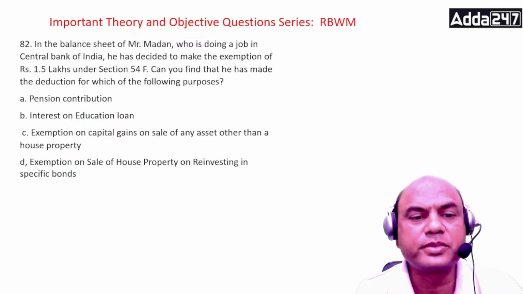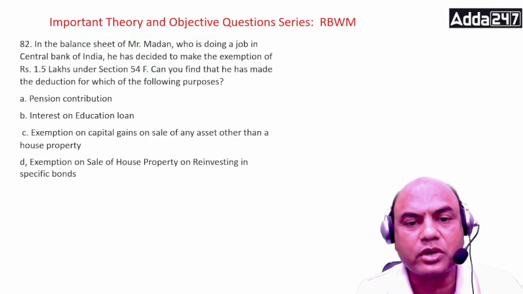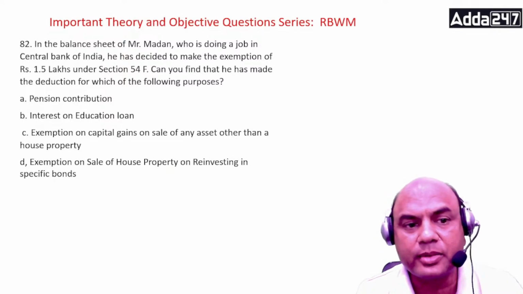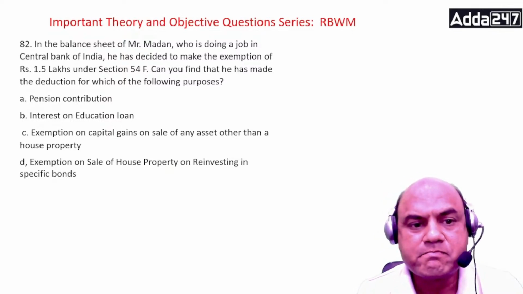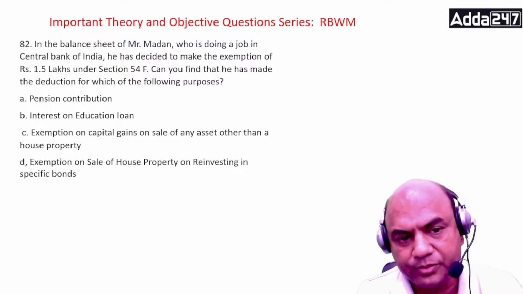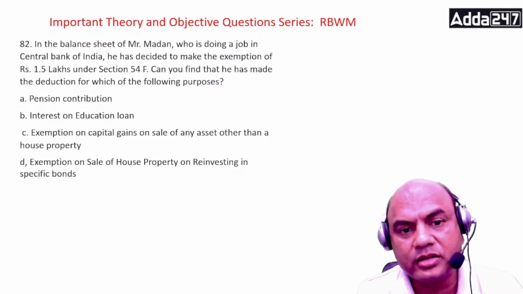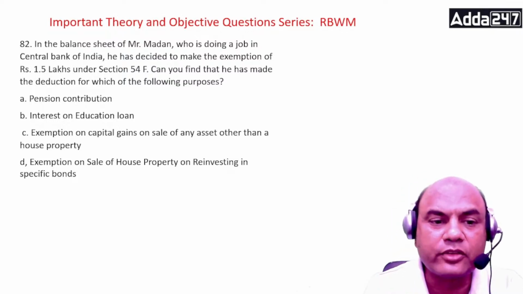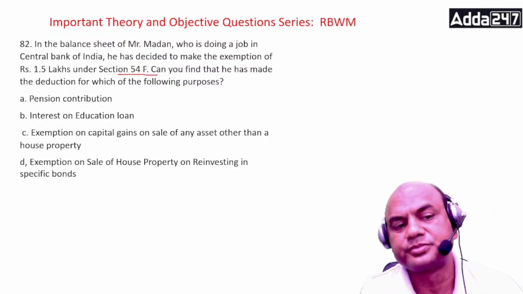In the balance sheet of Mr. Madan, who is doing a job in Central Bank of India, has decided to make an exemption of 1.5 lakhs under section 54F. Can you find for which of the following purposes he has made the deduction? So basically we have to talk about 54F.